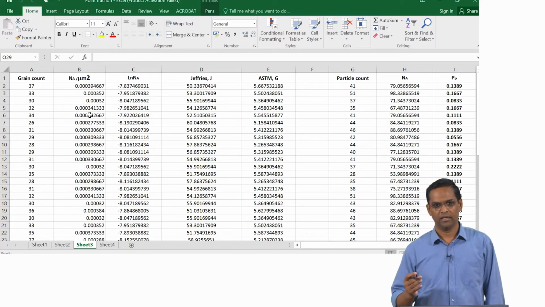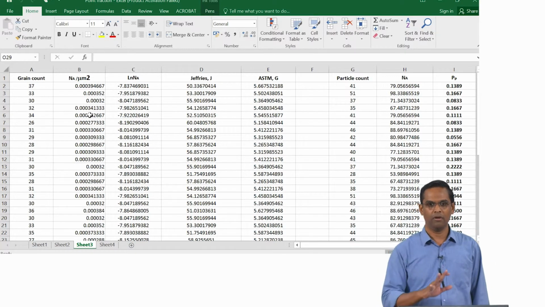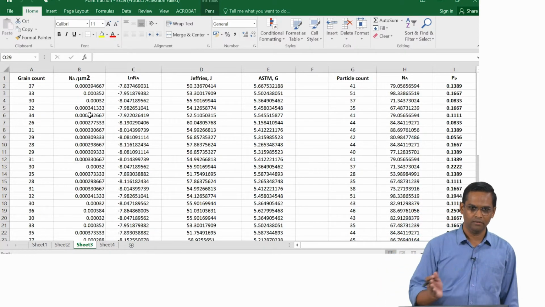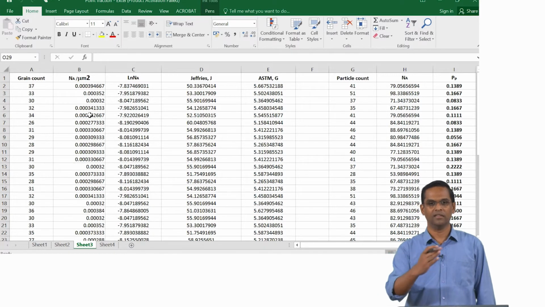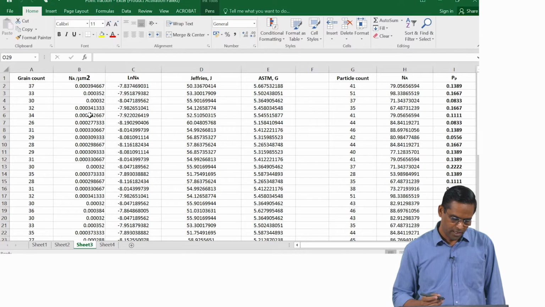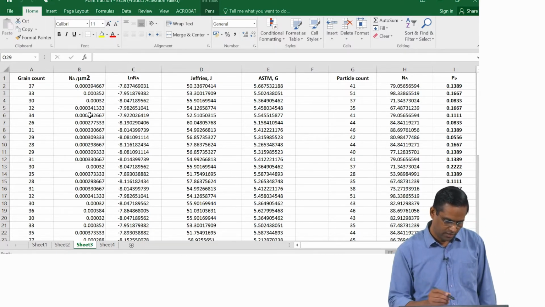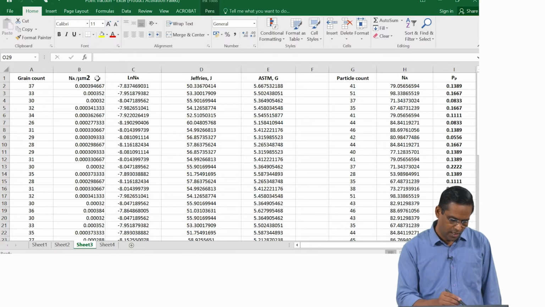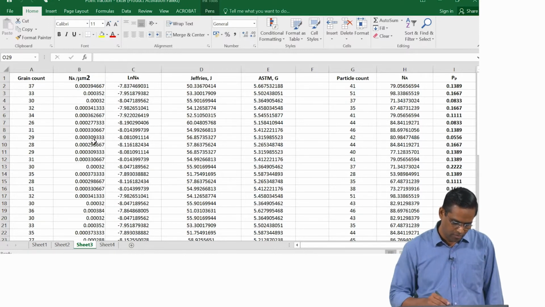So, you should not get confused with these two, depending upon, I will tell you why I use the micron meter and millimeter just in another case study. I will tell you, you will also agree with me when we go to that scale difference. So, let us now assume that I am using only micrometer scale here.